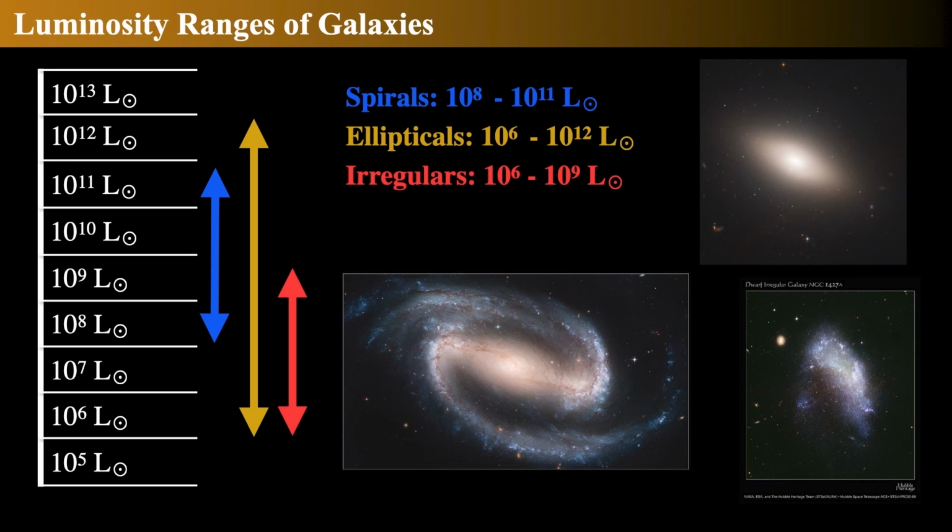Spirals go from about just over 10 million times the luminosity of the sun up to just under 100 million times the luminosity of the sun. Whereas ellipticals range from 1 million times, which is much dimmer because they can be smaller ones, all the way up to 1 trillion times the luminosity of the sun. And irregulars are down there in the tiny ones, so irregulars tend to be much smaller. So that's because ellipticals range in size and mass.